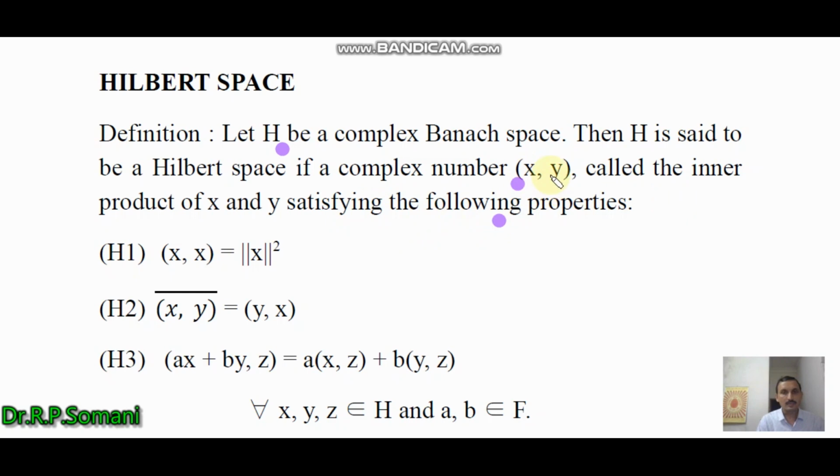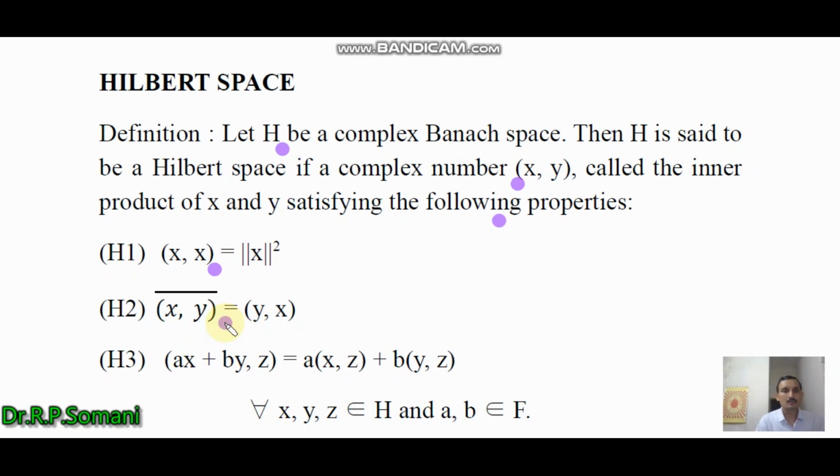If this complex number (x, y) satisfies these three properties, then we say that H is a Hilbert space. The first one is that (x, x) equals the norm of x squared. The second one is that the conjugate of (x, y) equals (y, x).